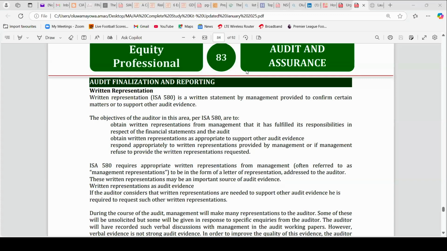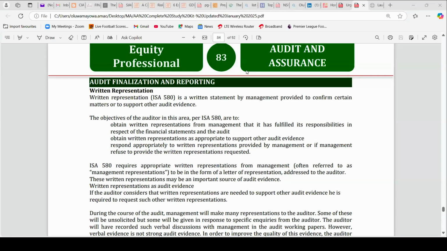After all of this is the stage where the audit is coming to a close. The auditors have obtained enough evidence, they've carried out the appropriate audit approach, they've done substantive procedures where necessary, and they've even applied risk assessment in certain areas. Now, the audit is coming to a close.